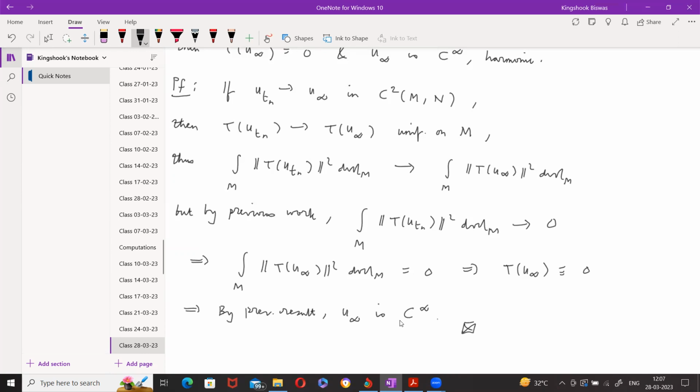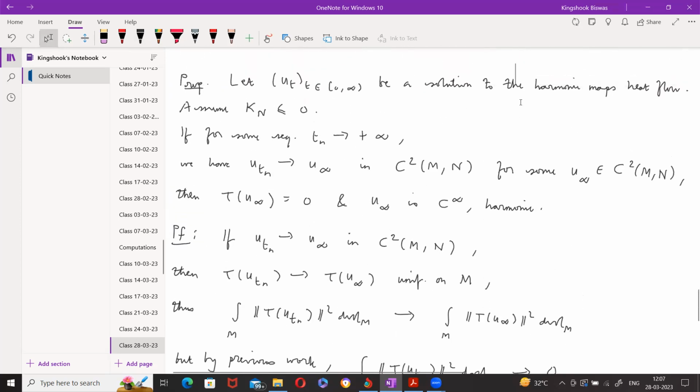So we've proved that if you have a solution to the harmonic maps heat flow, if some subsequence converges in C2 norms, then the limit has to be harmonic. Okay. So in particular, if the whole sequence converges in C2 norm, then the limit has to be harmonic. All right.